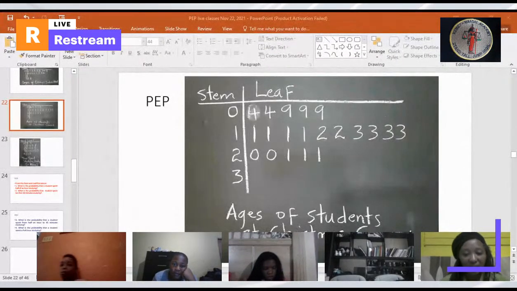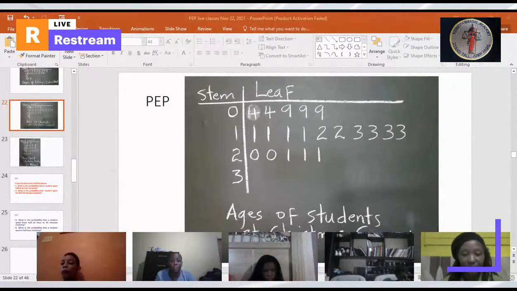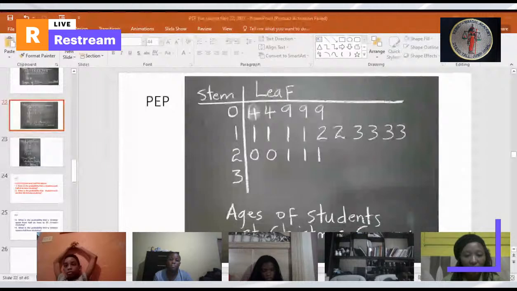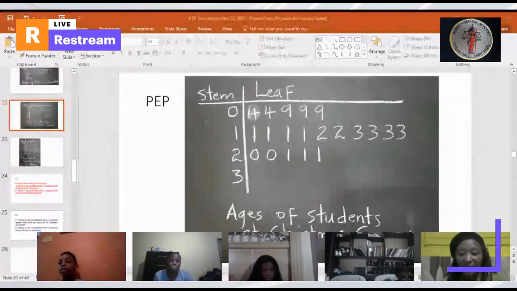The two numbers in the middle would be 12 and 12. So the median is 12. Because there'd be 1, 2, 3, 4, 5, 6, 7, 8, 9 on one side and on the other side, and two numbers in the middle, which are 12 and 12. Since it's the same two numbers in the middle, that's the median.